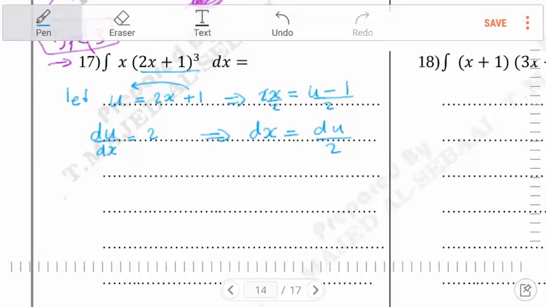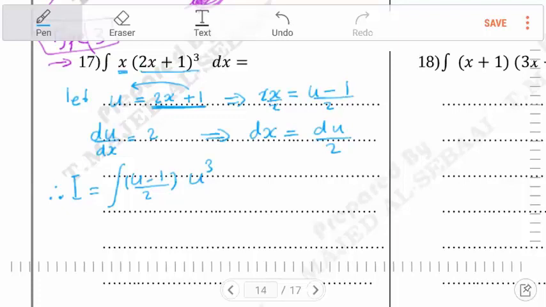Substitute, therefore, I, which is the integration, equal. Now substitute every x in terms of u. This x will be u minus 1 over 2, u minus 1 all over 2. Okay? Then 2x plus 1, it is u. So it's going to be u to the power of 3.